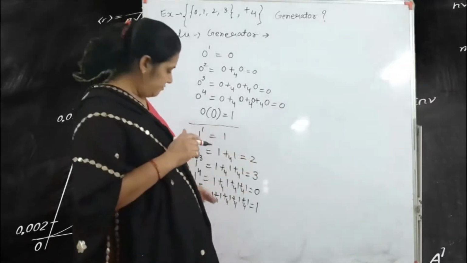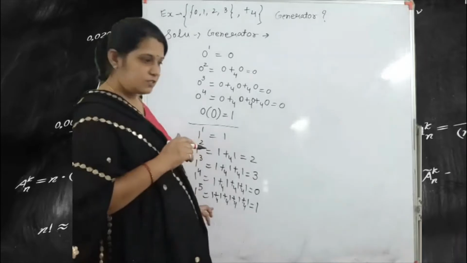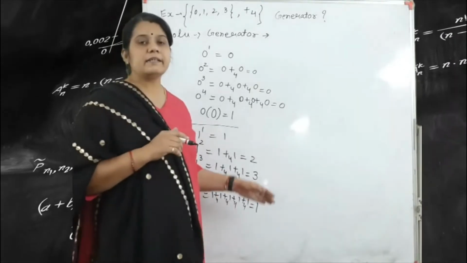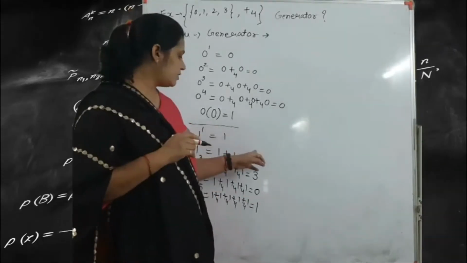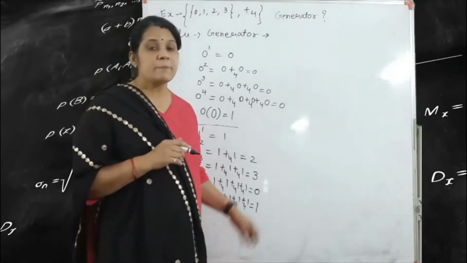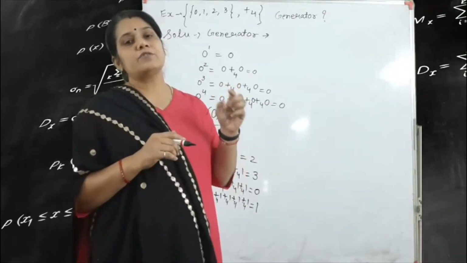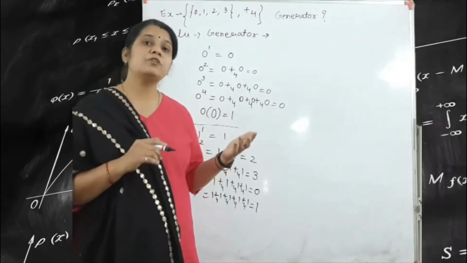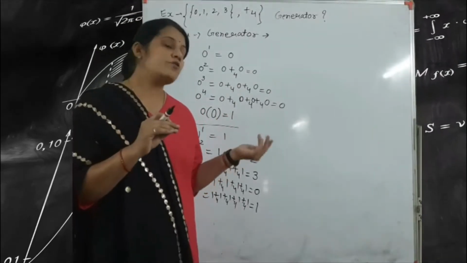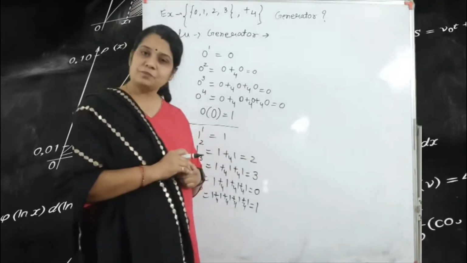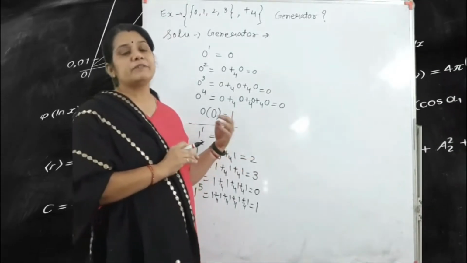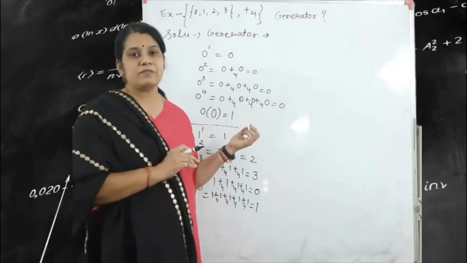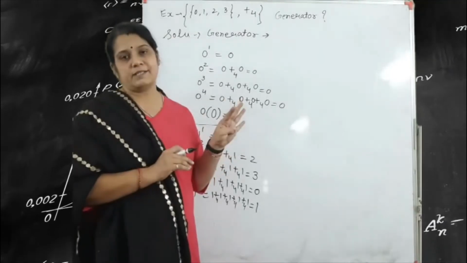And for 1 raised to the powers 5, 6, 7, 8, again we get remainders 1, 2, 3 and 0. We put different powers, so we get only the 4 elements 0, 1, 2, 3.